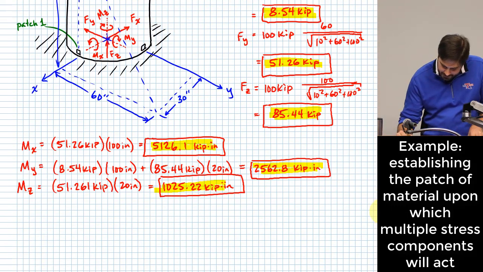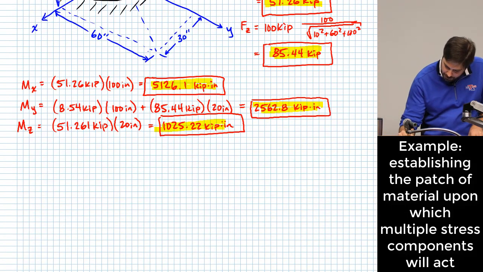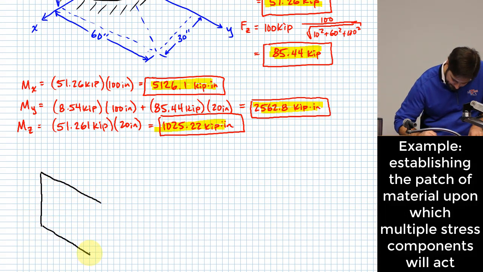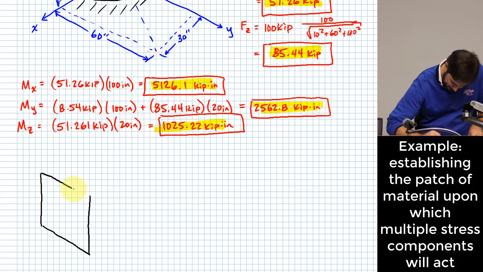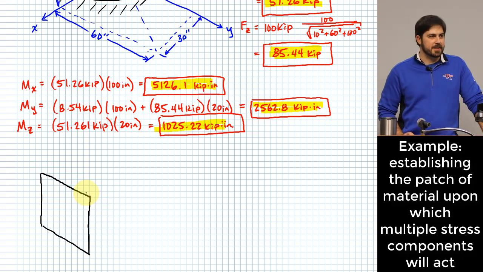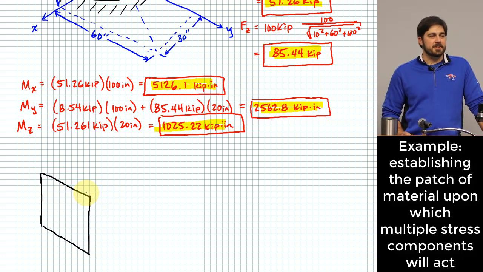All right? So for patch 1, let me draw it somewhat larger. Okay, so I'll draw it over here. As we come up with our components of stress that are going to be applied to this patch, I will try to draw them all on that patch of material separately so that we keep track of which one we are dealing with at each time, and then we'll add them all together at the end.